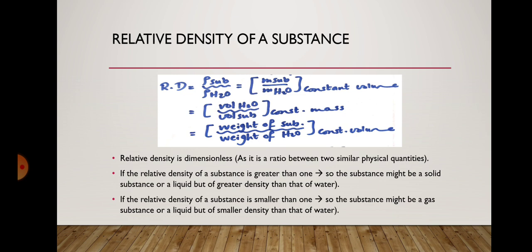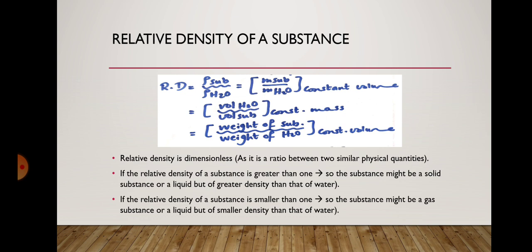We have another expression for density, which is called relative density. Relative density means the density of the substance relative to another density. The constant density we want to use is that of water. So the relative density equals the density of the substance over the density of water, or the mass of the substance over the mass of water at constant volume, or the volume of water over the volume of the substance at constant mass, or the weight of the substance over the weight of water at constant volume.